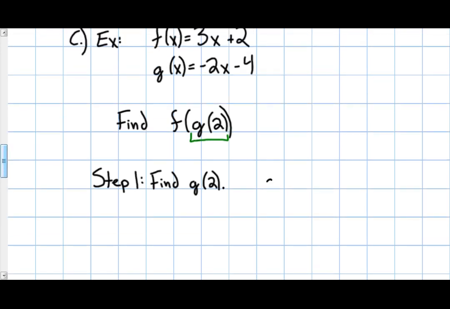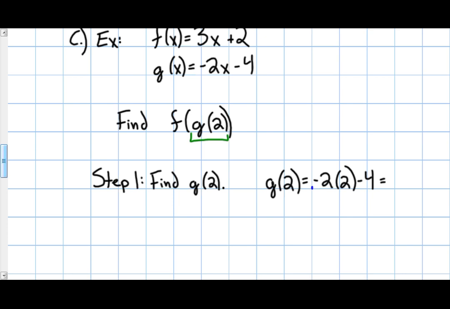So we look up here, we know that G of 2 equals negative 2 times 2 minus 4. Again, I just got that from our G of X equation.